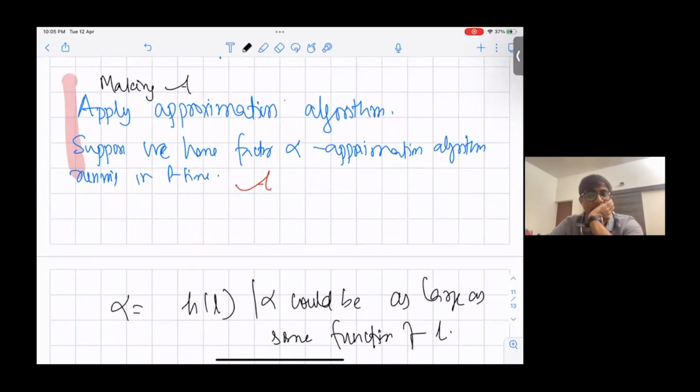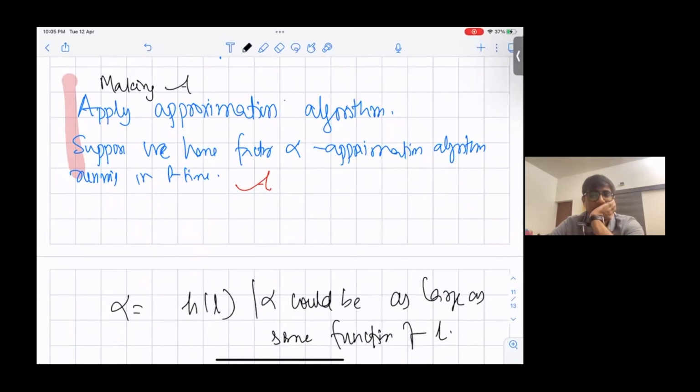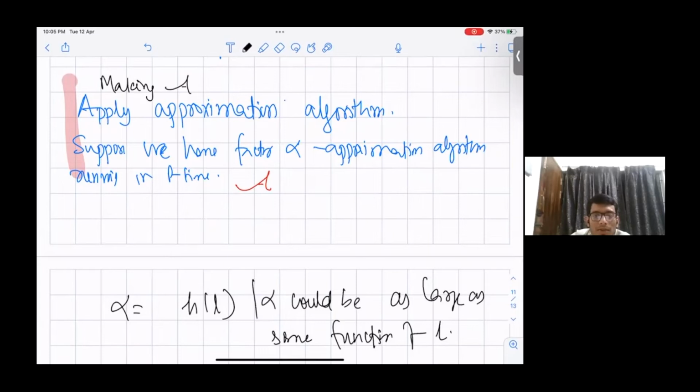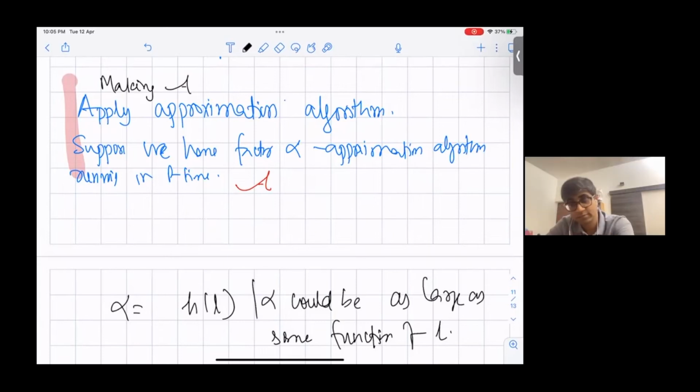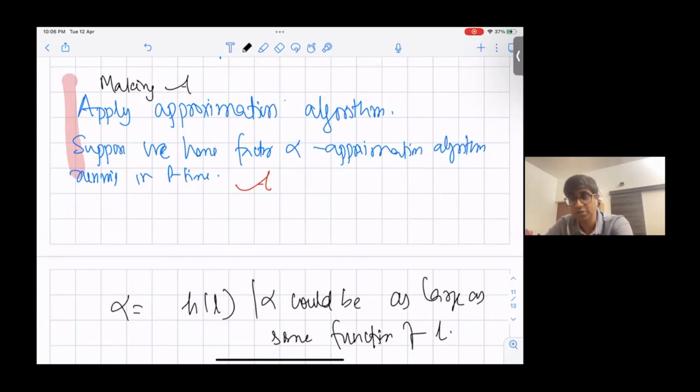Again, it's not hard. What if we greedily delete the highest degree vertices? That is not even a good approximation for vertex cover.